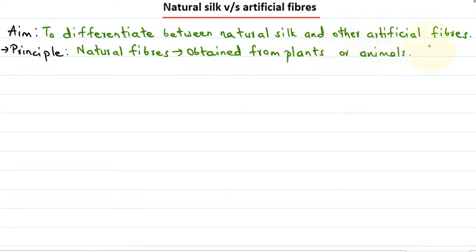For example natural silk, wool, cotton, etc. So these are natural fibers. Natural silk is a type of natural fiber because we obtain silk from the silk moth called Bombyx mori.